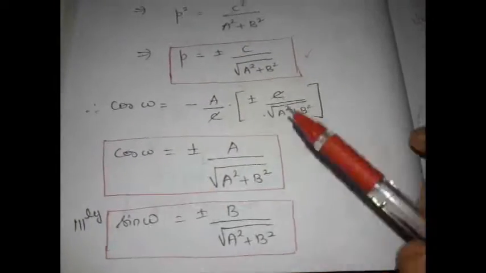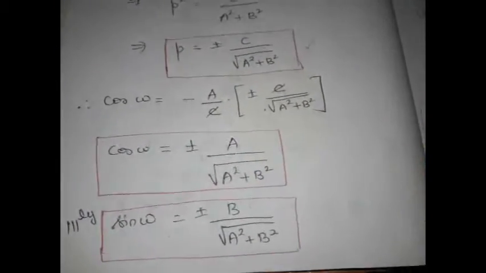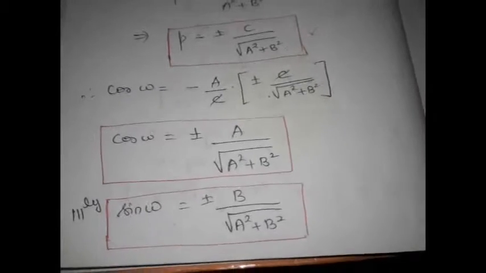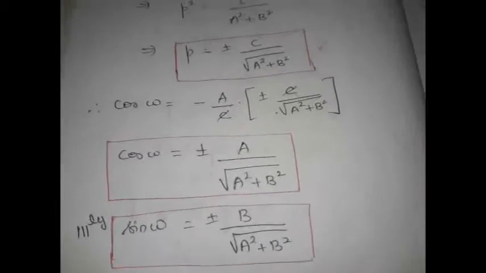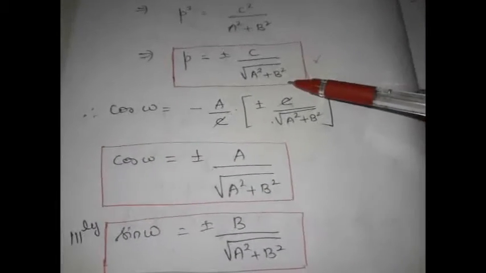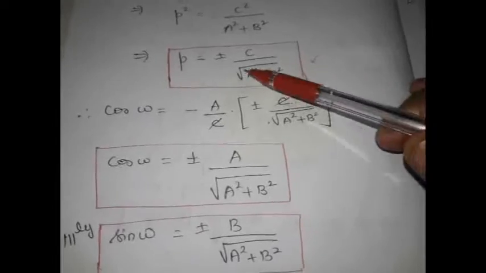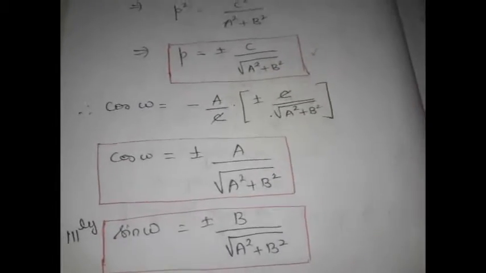Because we have learnt in yesterday's comparison that the perpendicular distance, the value of p, is c divided by square root of a square plus b square. Cos omega is a divided by square root of a square plus b square. Similarly, sin omega. So what we are going to do now is divide throughout by square root of a square plus b square.